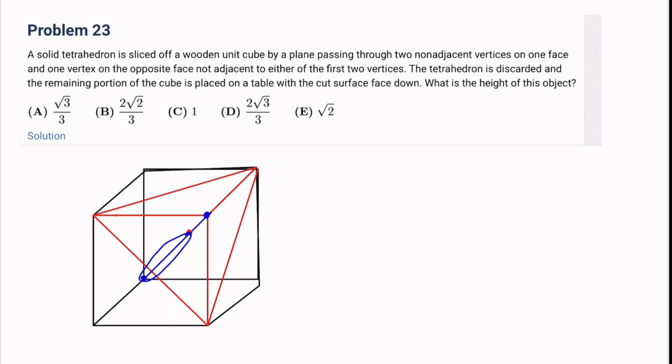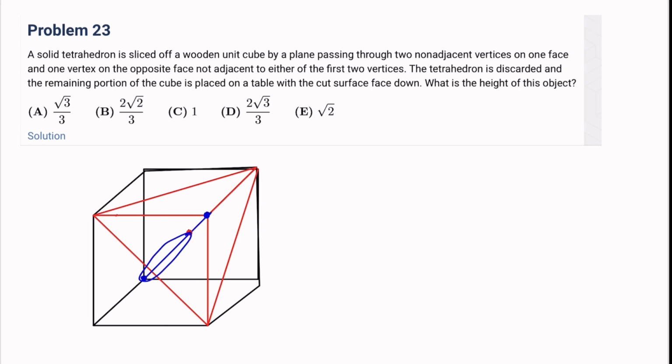And so what we can do is use the volume of the triangle-based pyramid to get that height, right? And we can subtract that from root 3, and that will be our answer.